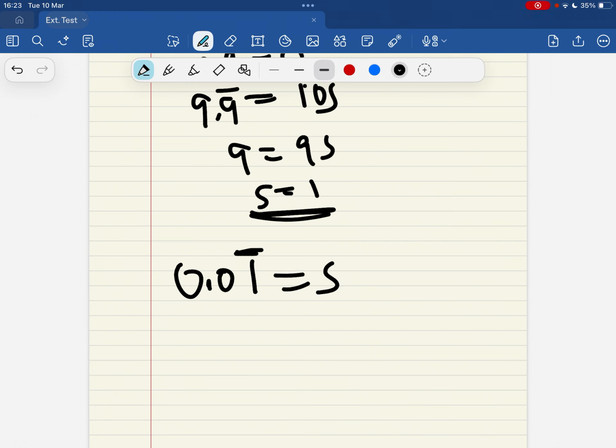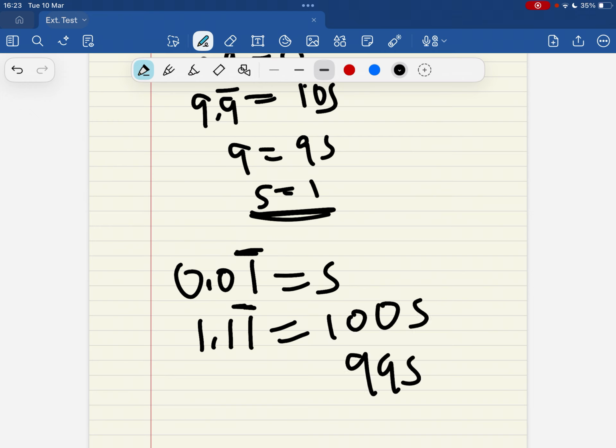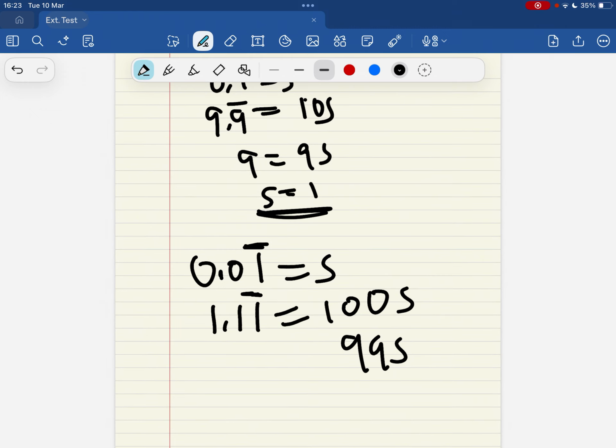So if we let this be s and we multiply both sides by 100, we get 1.11, right? This one is continuing to be repeated, right? 1, etc. That is equal to 100s. And if we subtract these two, we have 99s, right? 99s is equal to, let's see, what is 99s equal to?